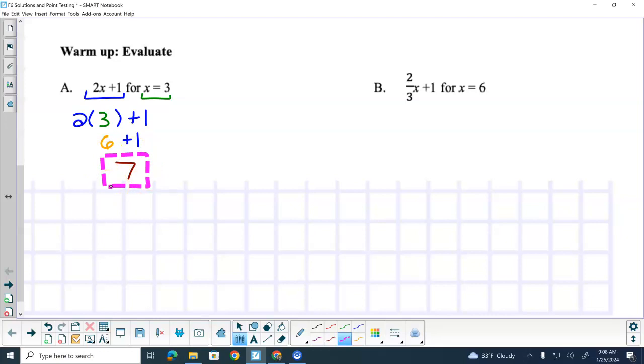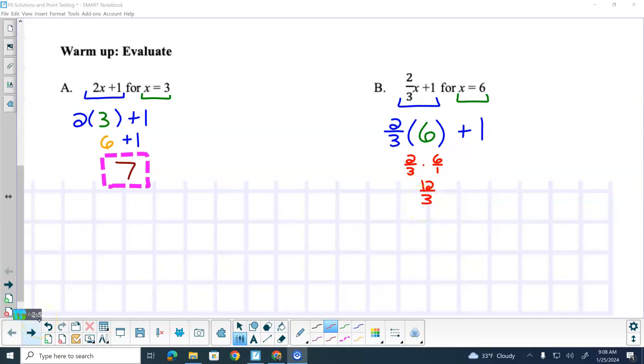Okay? Same thing if we have fractions. That's the only thing that's different. Here is now our expression. Here is the x value that we want to evaluate it at. So it's going to be 2/3 times 6, then plus 1. Okay? So 2/3 times 6 is like 2/3 times 6 over 1, which is going to be 12 over 3.